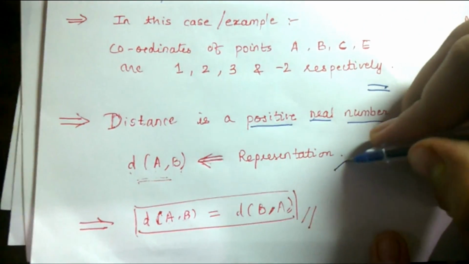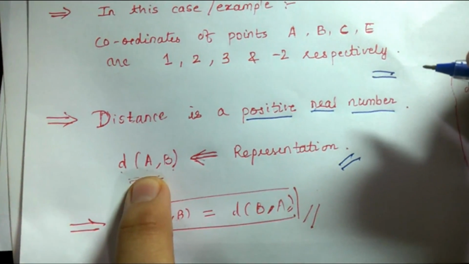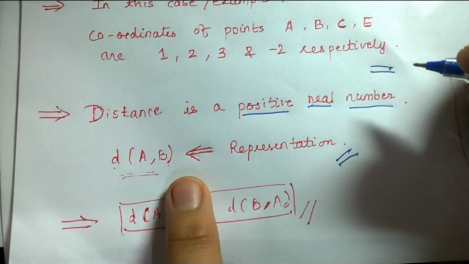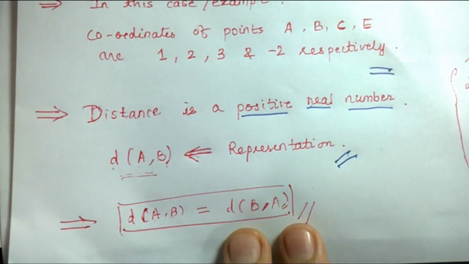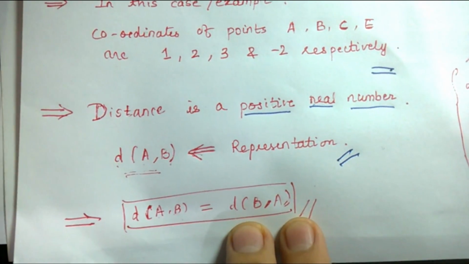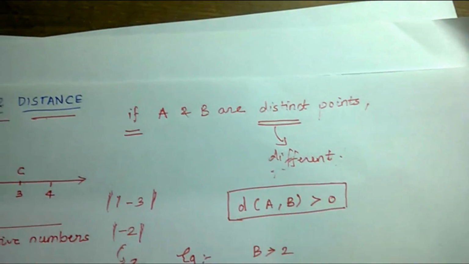Distance is represented in this format, that is distance between points a and b. We must always note that distance between a and b will always be the same as distance between points b and a.